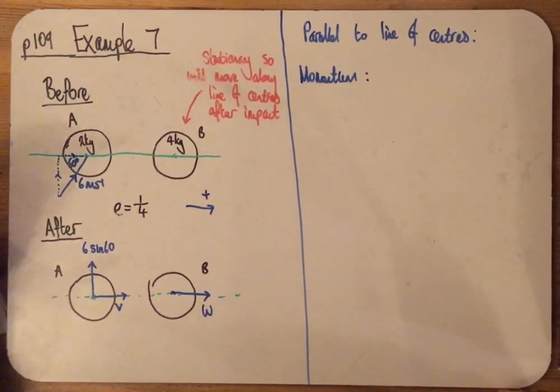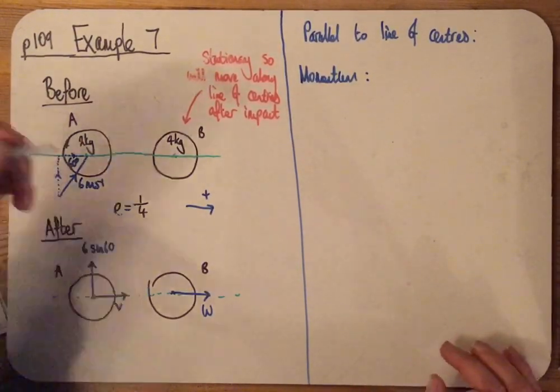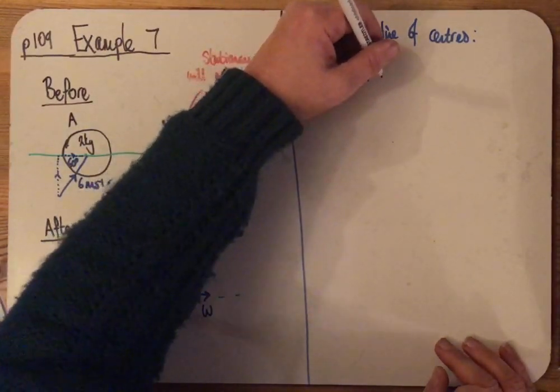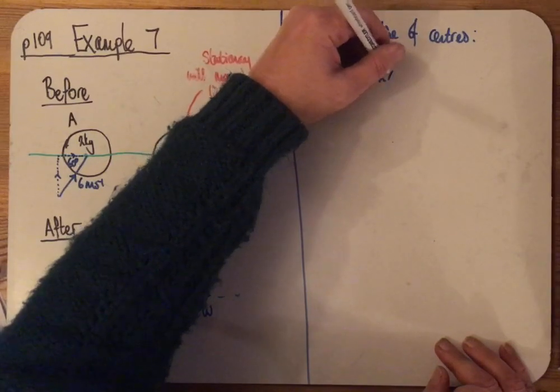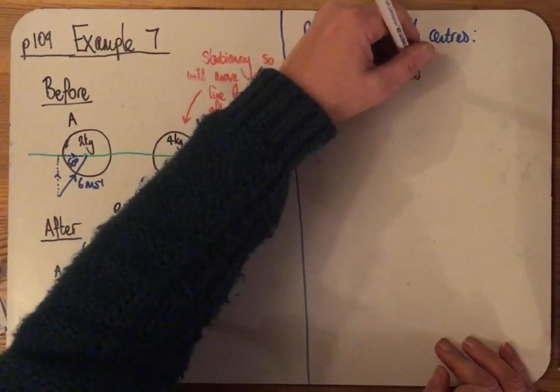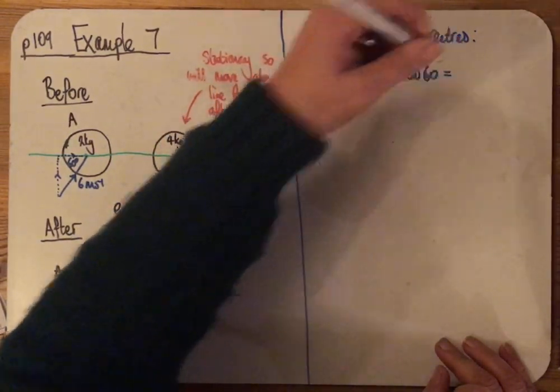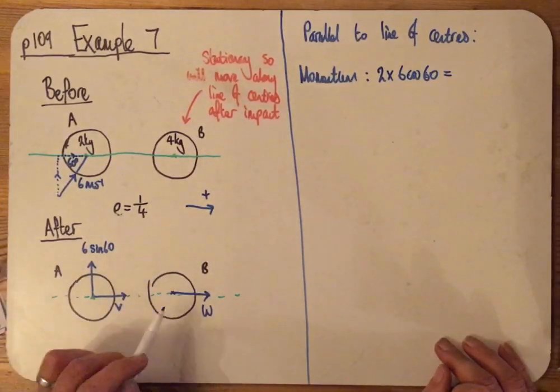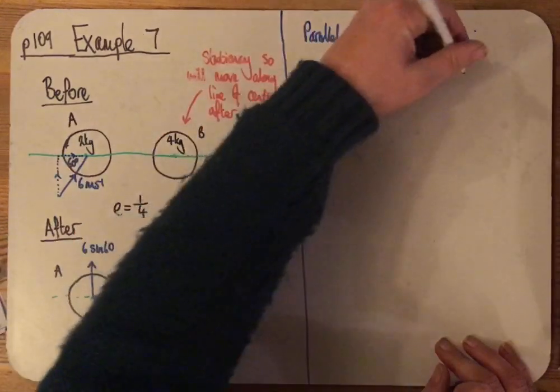So 2 times 6 cos 60 is going to equal 2v plus 4w.